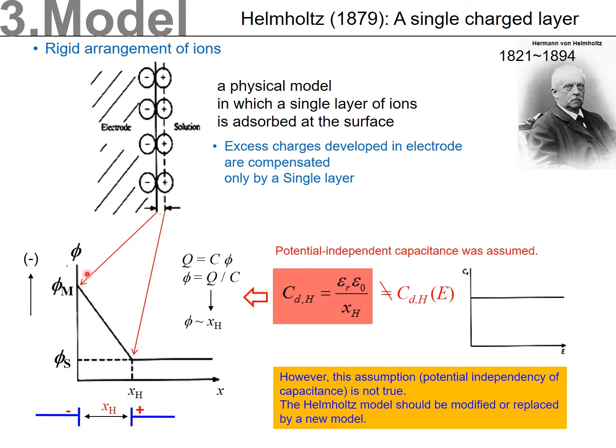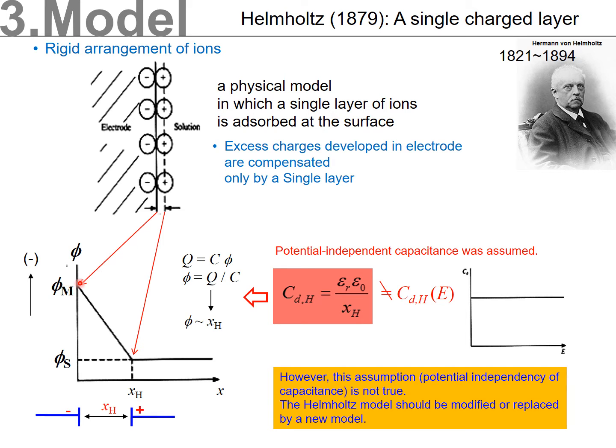So here is the potential profile, which is expected from the Helmholtz model. The x-axis is the distance from the surface toward the bulk electrolyte, and the y-axis is the potential. The upward direction is assumed to be minus here. Then at x equal to 0, of course, we have the potential of the metal plate. This potential of the metal plate could be determined by your applied potential.